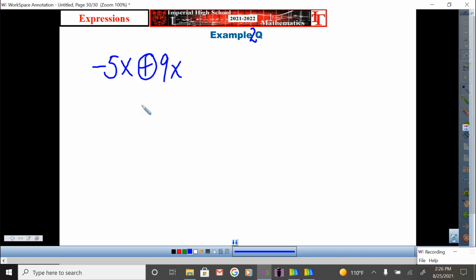No. Okay. Third. Like terms. Do we have things that look alike? Yeah, they're both x's. So I'm going to write x because I'm going to combine them. I'm going to bring down the x. There it is. And now I just focus on the numbers. 5 of these can cancel 5 of those. Is that correct? And that leaves us with 4.